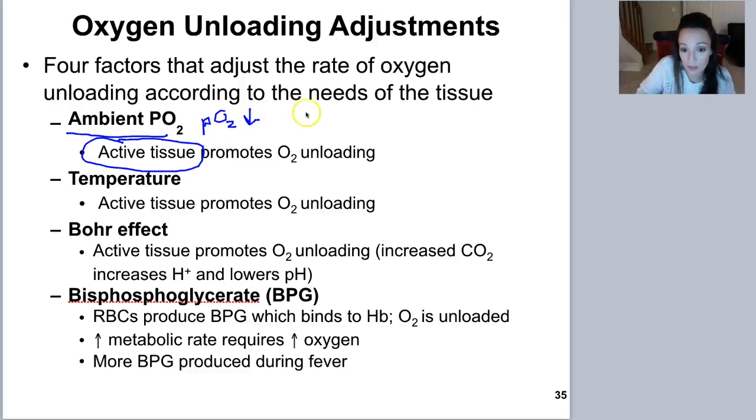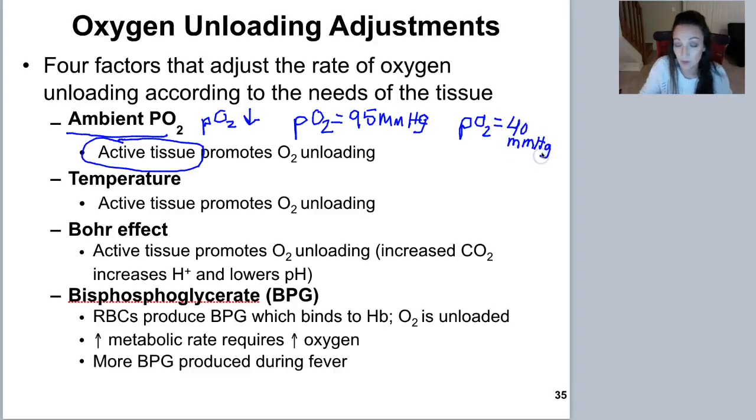Remember, the partial pressure of oxygen in the arterial blood is about 95 millimeters of mercury. And the partial pressure of oxygen in the tissue is usually about 40 millimeters of mercury or 45 millimeters of mercury, somewhere in that range.